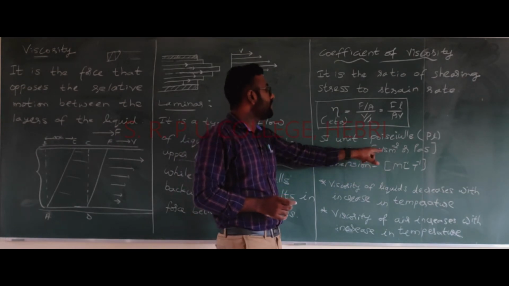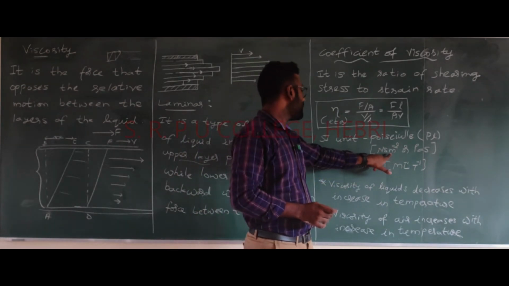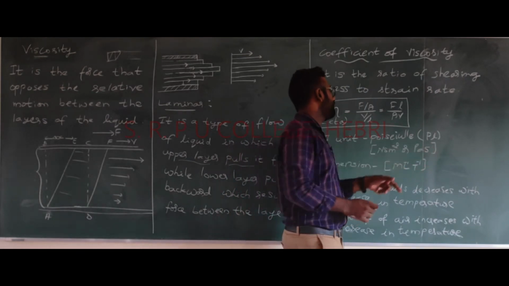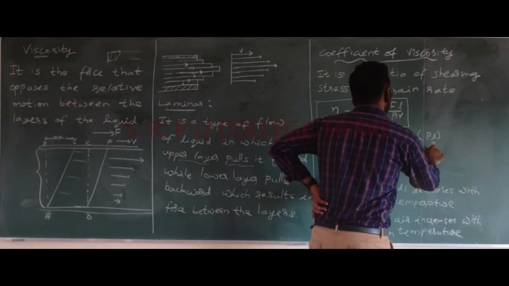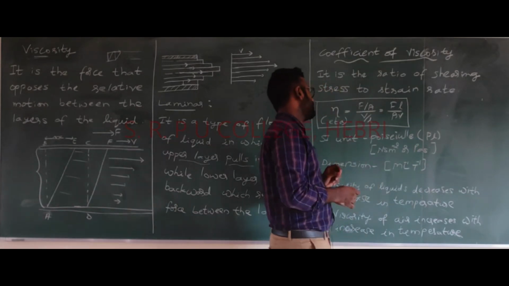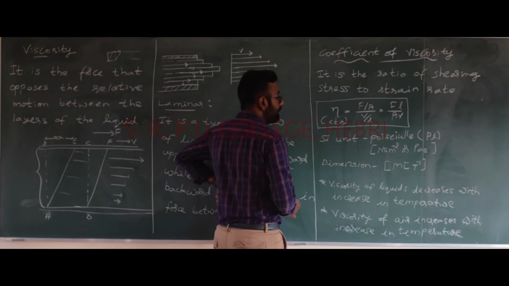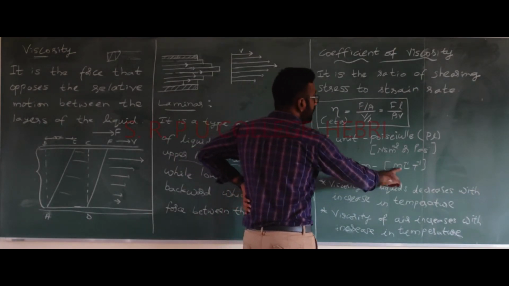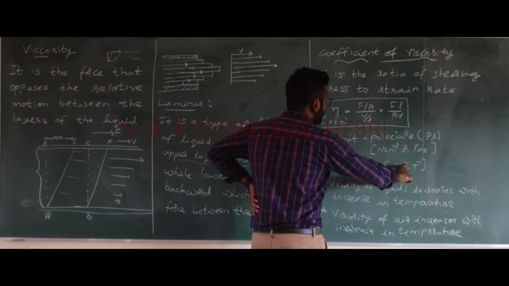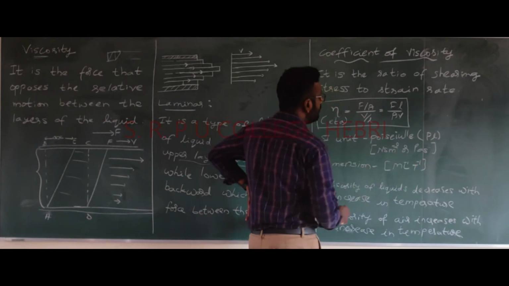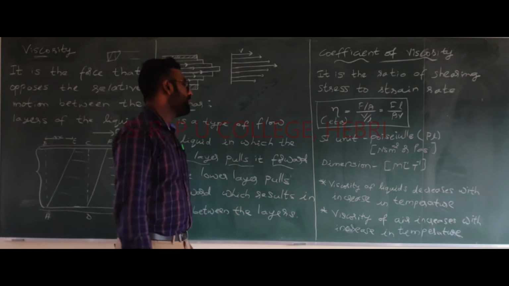Other units which you can mention over here are Newton second per meter square or Pascal second. So these are also other units of coefficient of viscosity. Now what about dimension? Dimensional formula you can write as M L to the power minus 1 T to the power minus 1.